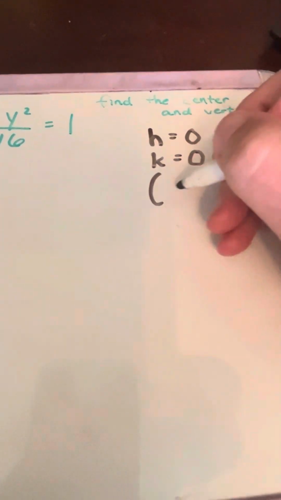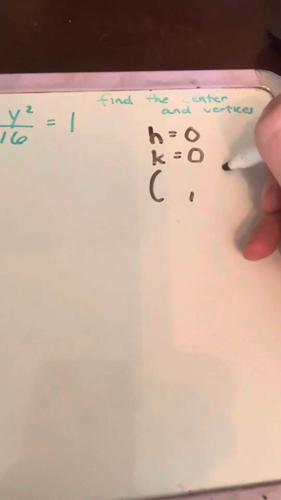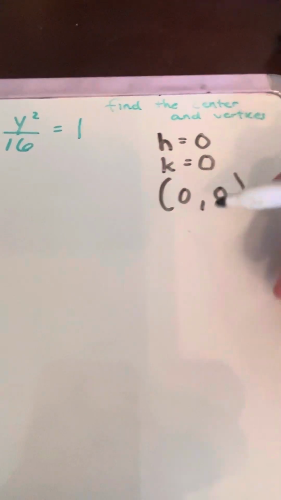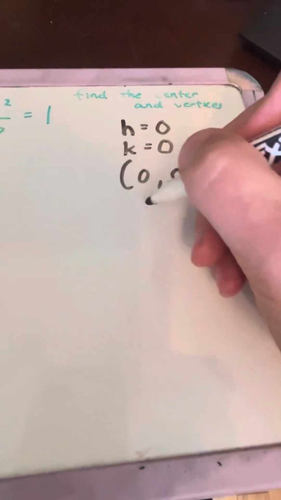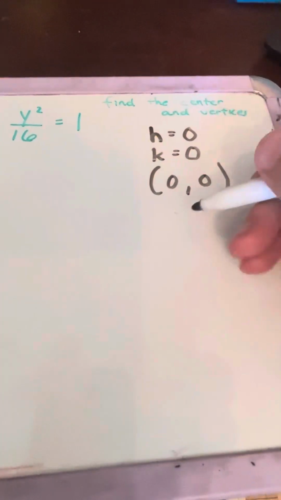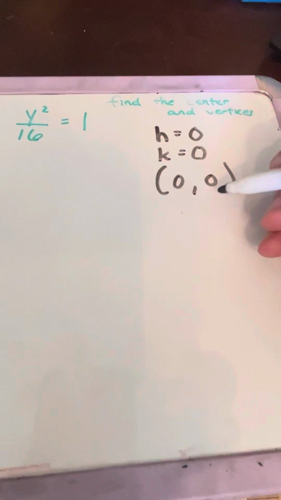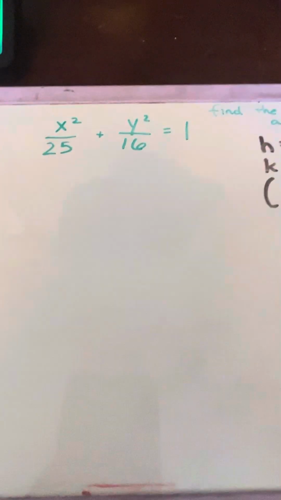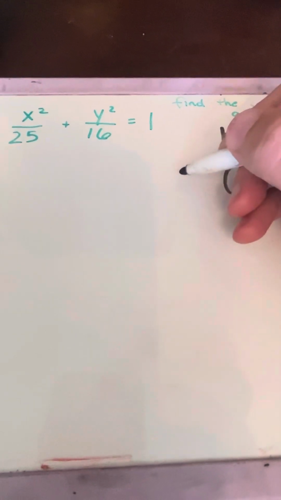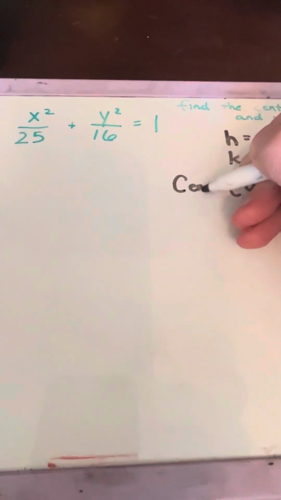So if we say h, k for the coordinates of the center, you just have 0, 0, which I'm sure we all know is the origin. So your x coordinate is 0, your y coordinate is 0. So the center for this problem is pretty much a piece of cake.